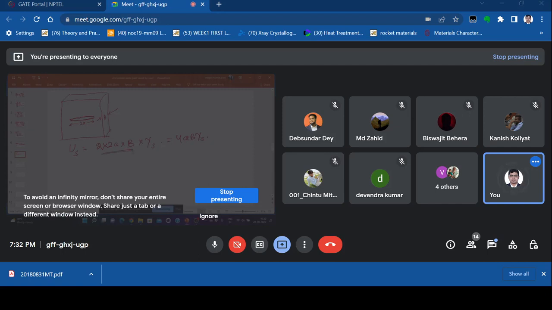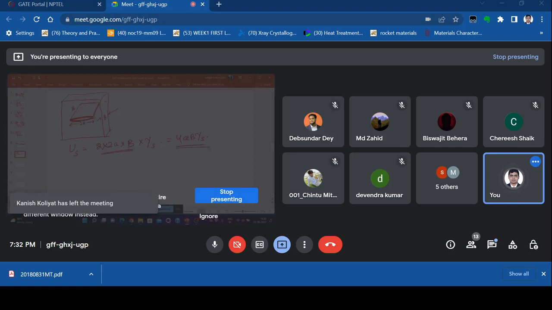Is it fine? So this is 2A means this 2A and our thickness, that is B, that is going in this direction. So basically we are calculating the area. This upper area, that is 2A times B, also lower one area.